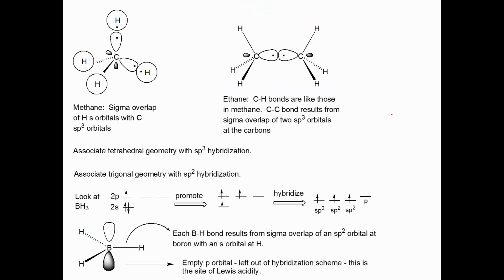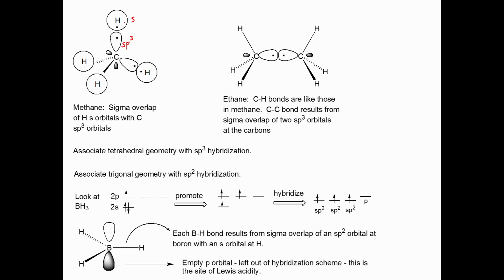So let's look at some actual structures here. Here is methane on the left. I drew the ones that come in and out of the board as projections because, again, it's hard to give stereochemistry to an orbital. But we have 4 equal CH bonds, each made by the overlap of an sp3 at carbon with an s at hydrogen.